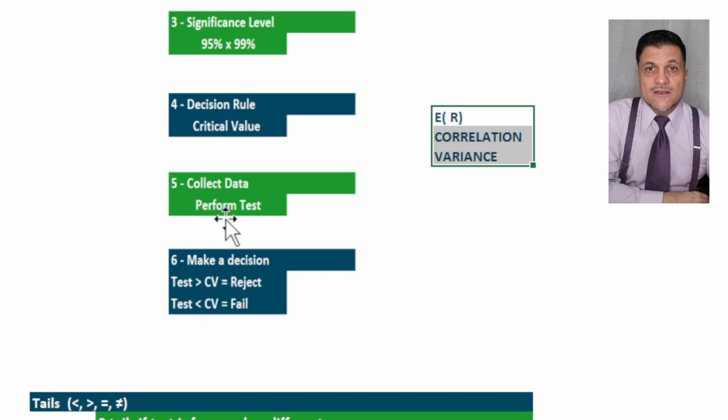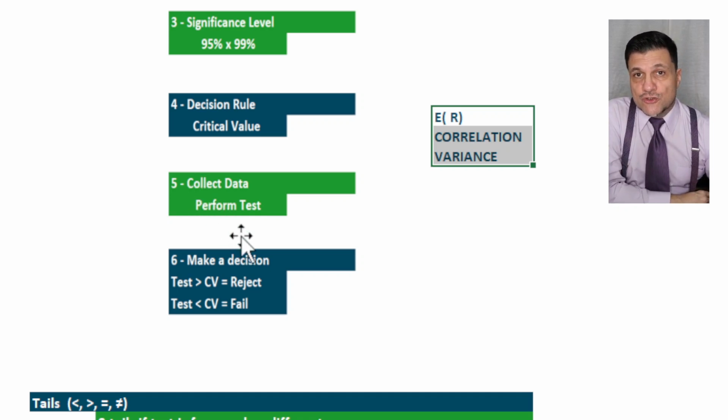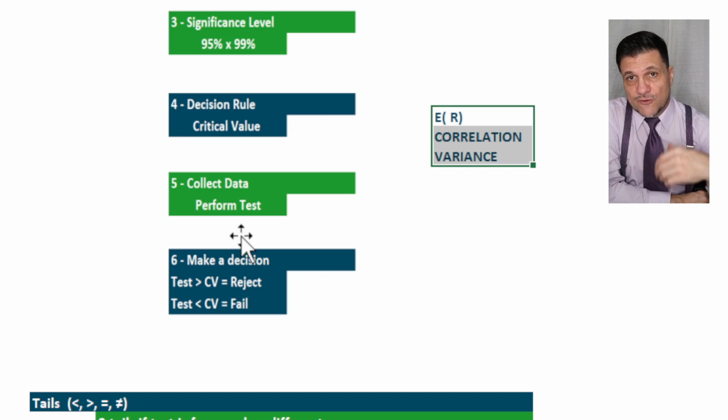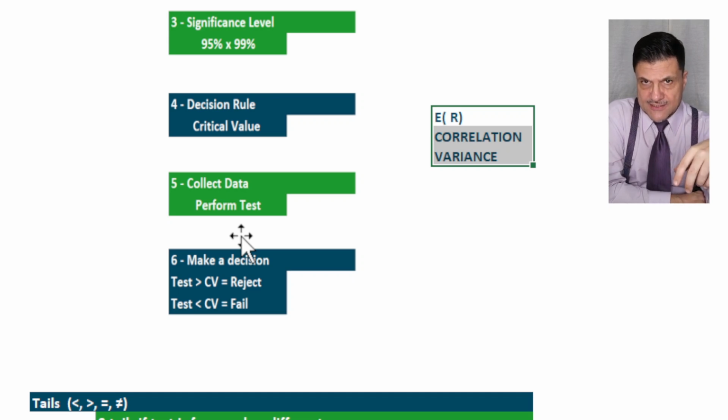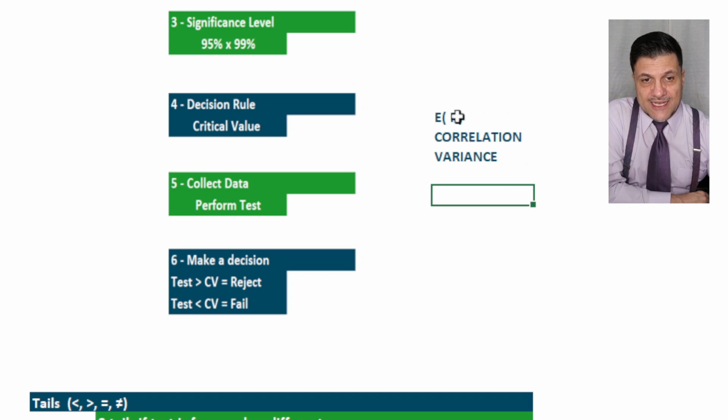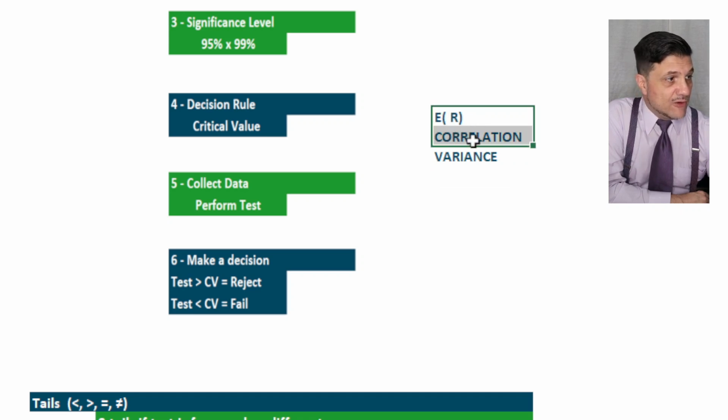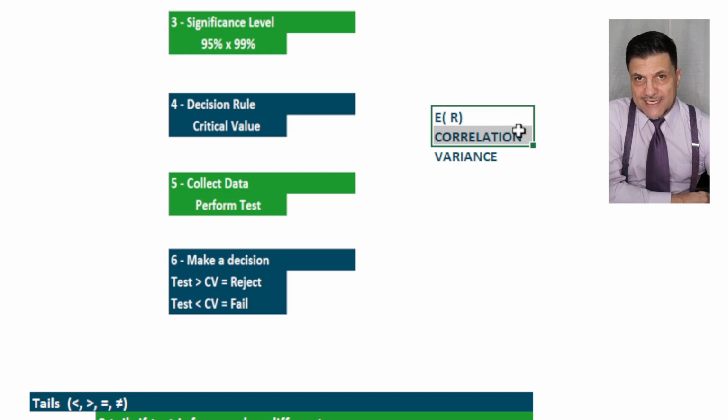So I'm going to show you two non-parametric tests, one for expected values and one for correlation. Not now, on the next video. That's why I believe that tests, either parametric or non-parametric, for the expected value and correlation could be questions on your exam.